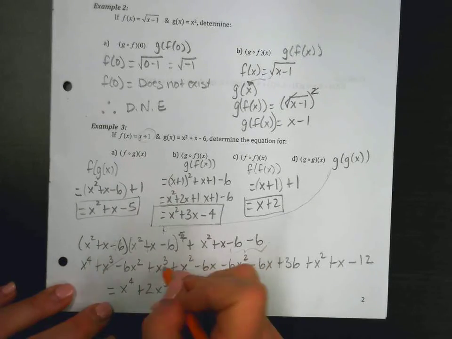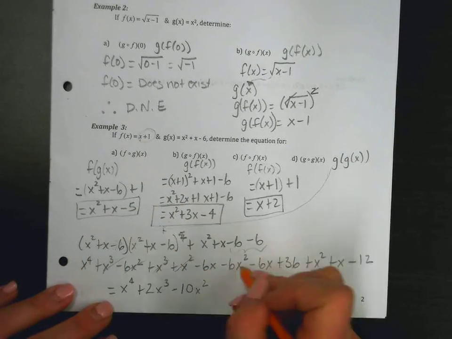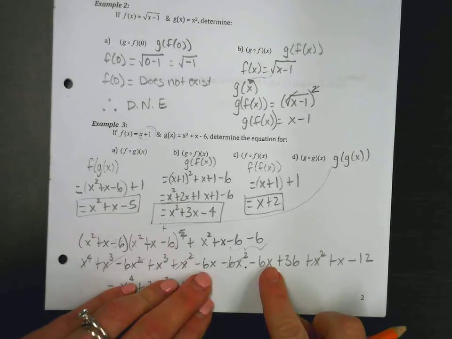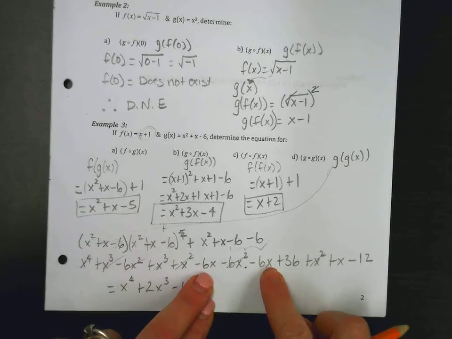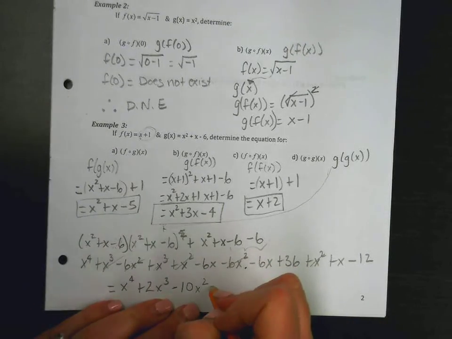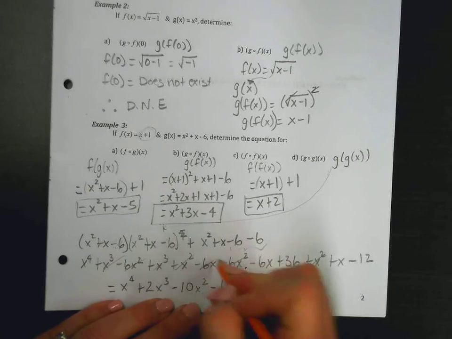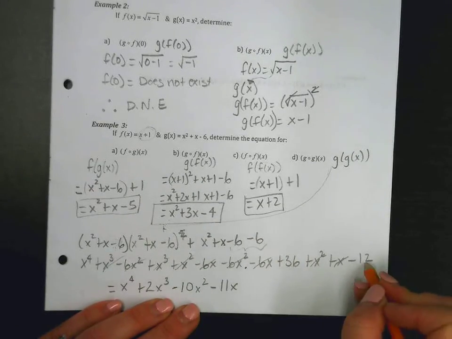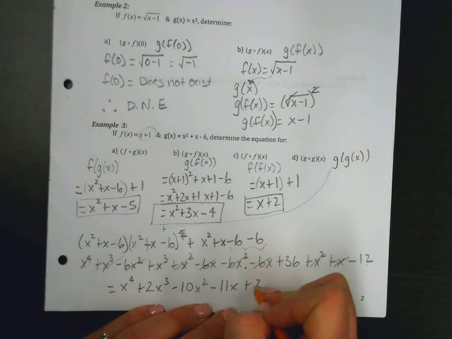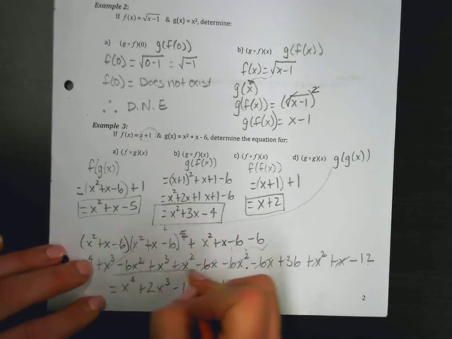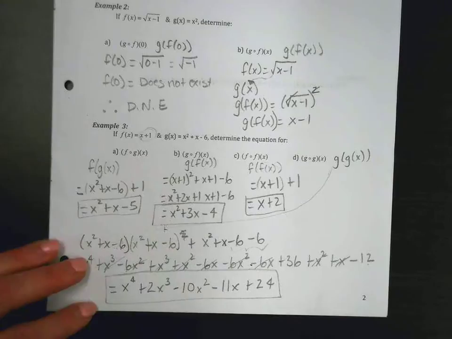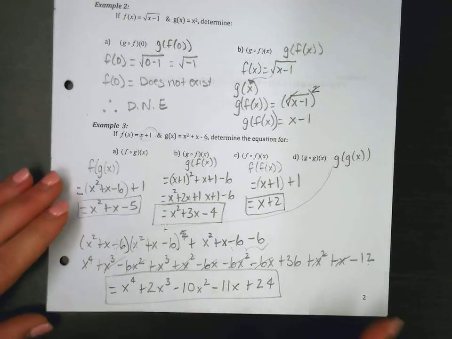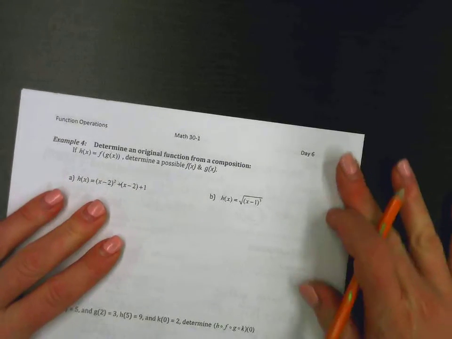So that's gone, that's gone. Minus 12x plus x is minus 11x. And 36 minus 12 would leave me with plus 24. So this would be my final equation. Okay. All right, and then the last couple things with composition of functions.